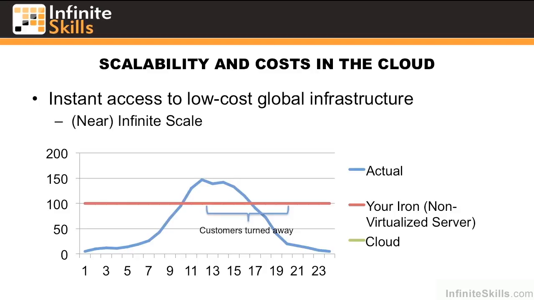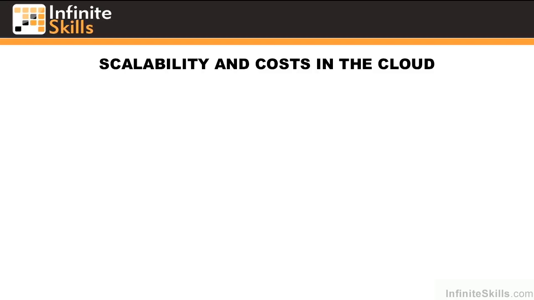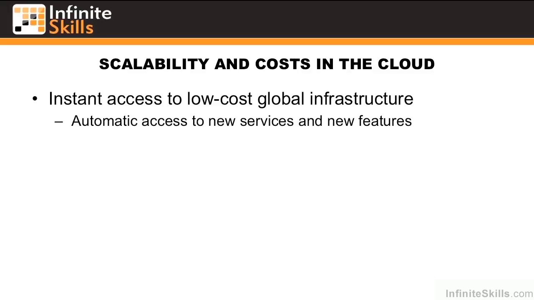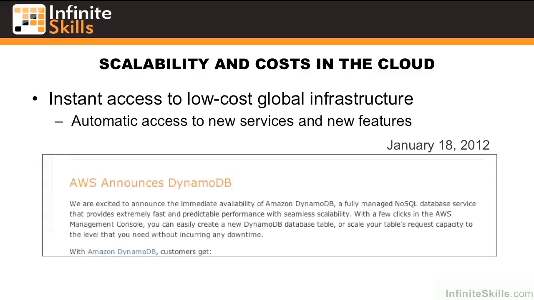With something like AWS, you have the ability to scale up or down as big or as little as you need, on demand, real time. A third benefit of instant access to low-cost global infrastructure is automatic access to new services and new features. For example, when Amazon announced DynamoDB on January 18th of 2012, customers could start using it immediately and just pay for that service fee.